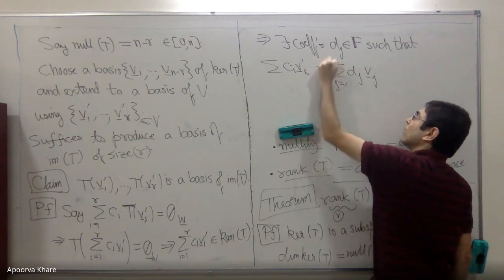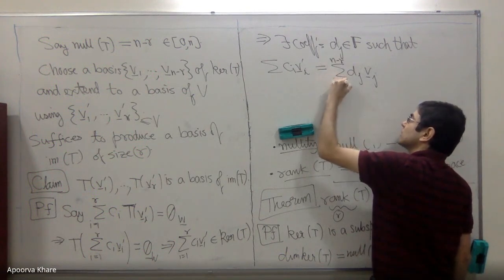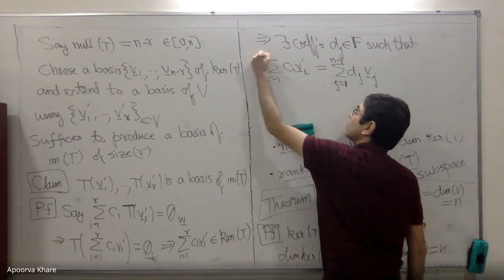This j goes from 1 to n minus r because that's the basis of the kernel. i goes from 1 to r by choice.